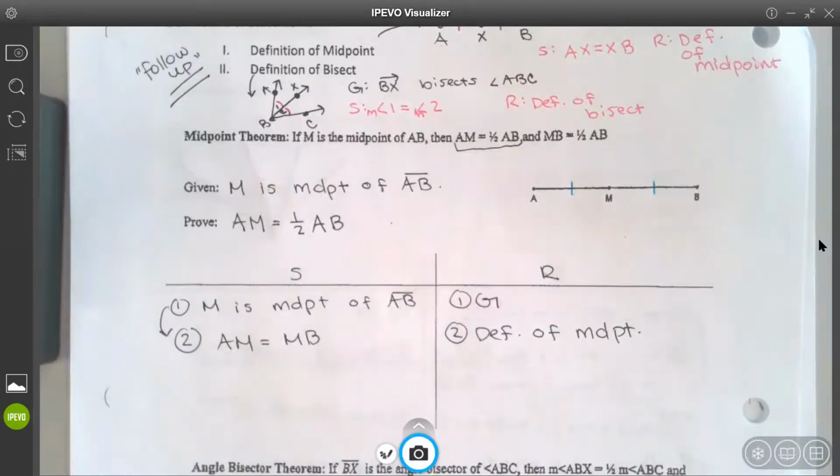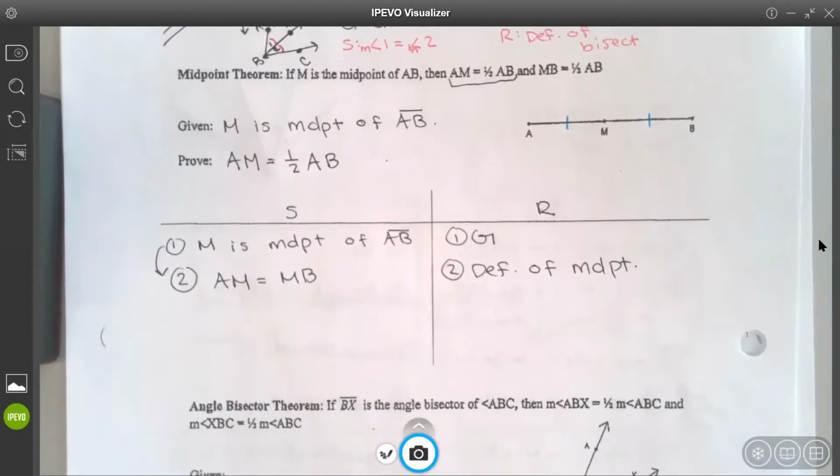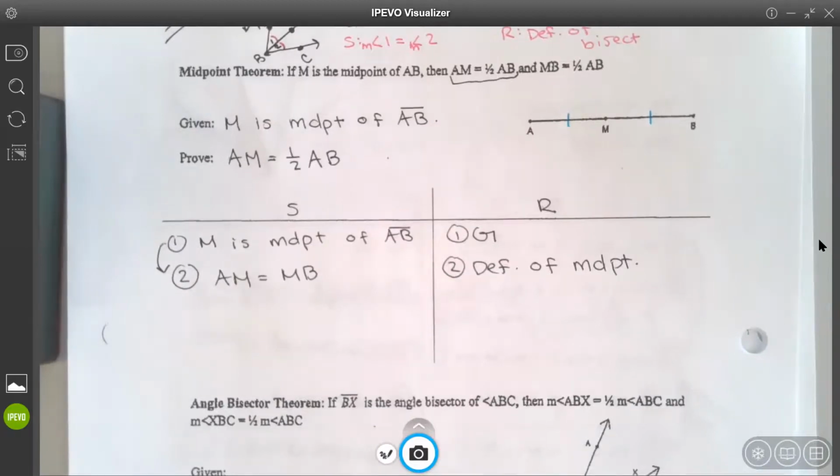Okay, feel okay with that? That one's a little easier. We always follow it. That's the biggest rule. If you write that something's a midpoint, or that something bisects it, you follow it with what parts then are equal. So we've done our given, and we followed it up with what we needed to follow up with. We have nothing else except for the diagram. And when I look at that diagram, what can I use from it?